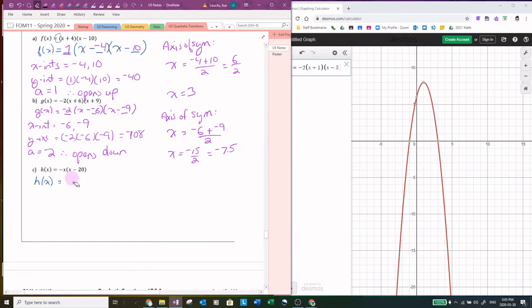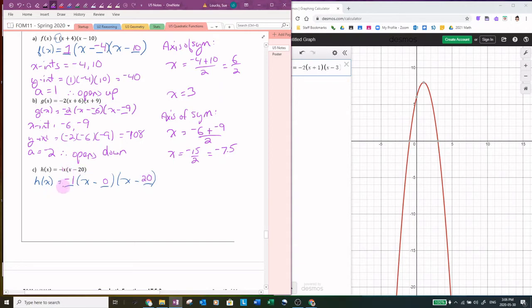It equals, I need my a times x minus something times x minus something. So my a value here is -1, because there's an invisible 1 there, of course. And then this x becomes x minus something, so that's x minus 0, and this is x minus 20.